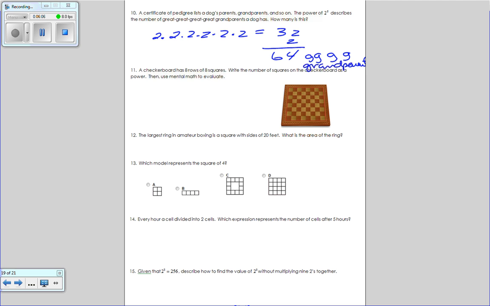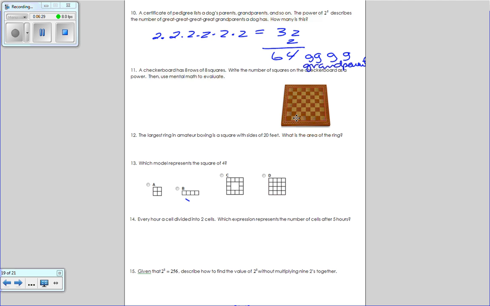Okay? All right. I want you to complete the rest of these. In number 11, write the number of squares that are on this checkerboard as a power. Okay? Write it as a power. So if it has 8 rows and 8 squares, what are you going to do to find out how many squares there are?